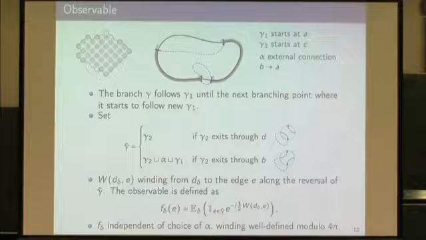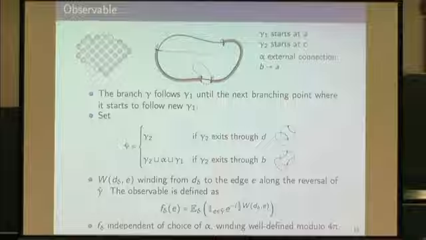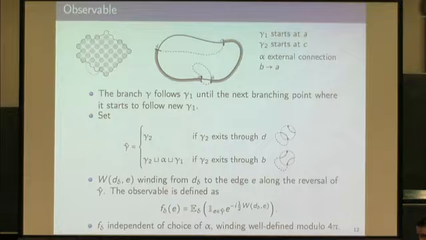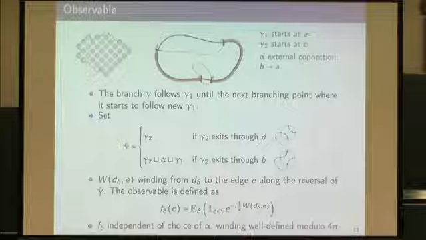And then we introduce the standard observable introduced by Stas, but now in this setting. So we look at this winding of this gamma hat, and we take this fermionic observable, where there is this indicator that the edge E belongs to gamma. So E is an edge in this medial lattice.